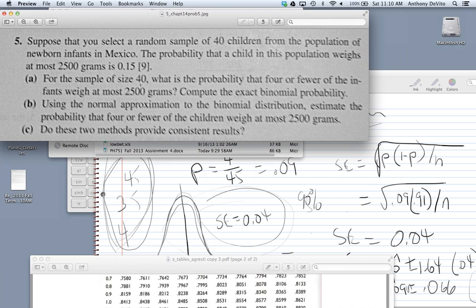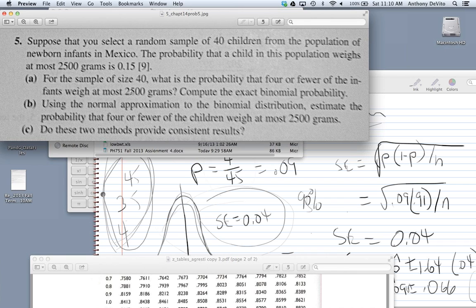For a sample size of 40, what is the probability that 4 or fewer of the infants weigh at most 2,500 grams? Okay, so we have a sample probability that 4 or fewer out of 40.